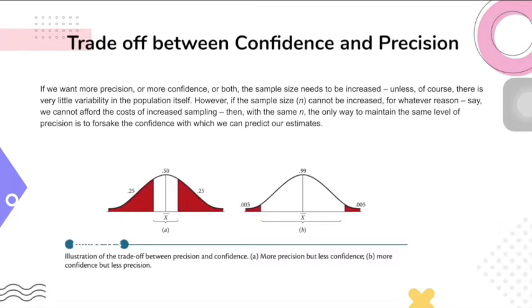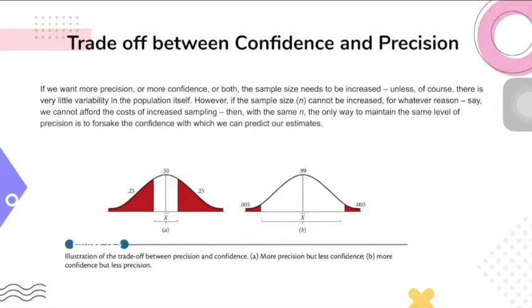However, if the sample size cannot be increased for whatever reason, then with the same sample size, the only way to maintain the same level of precision is to forsake the confidence with which we can predict our estimates. That is, we reduce the confidence level or the certainty of our estimate.